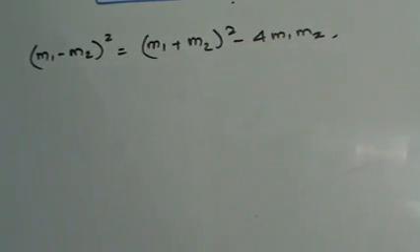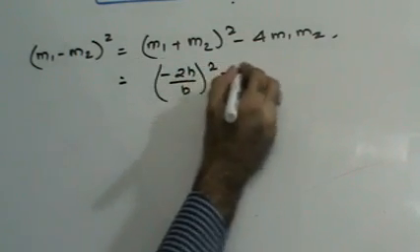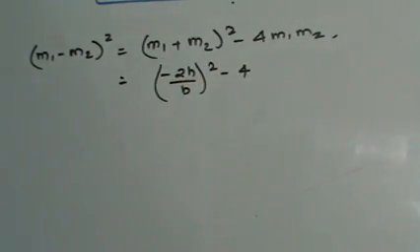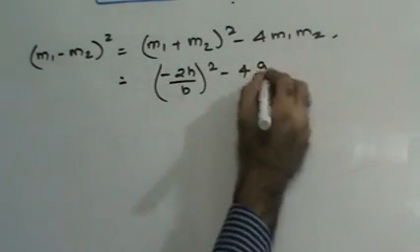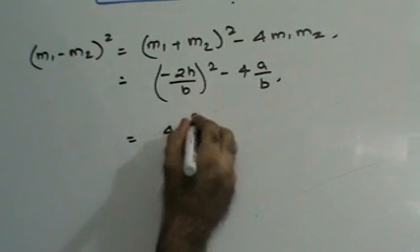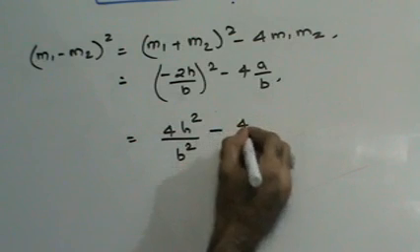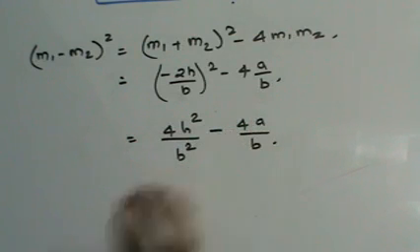Right? So therefore I can say we already know the value of m1 plus m2, that is minus 2h upon b the whole square, minus 4 m1 m2, a upon b. So this is 4h square upon b square minus 4a upon b.